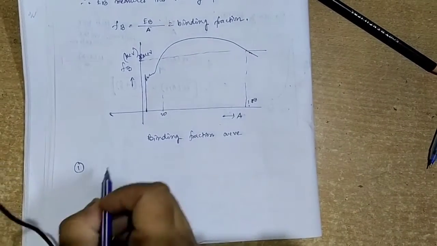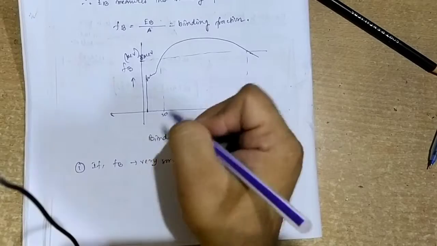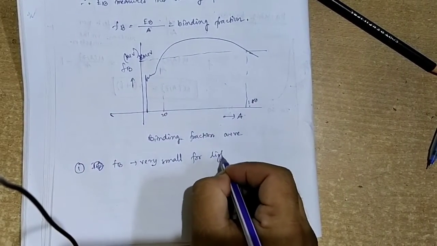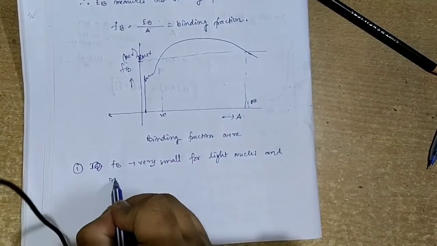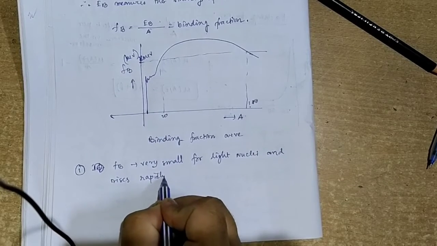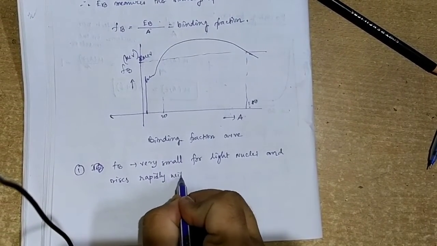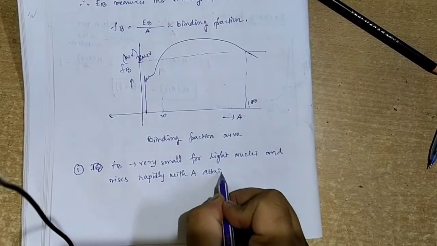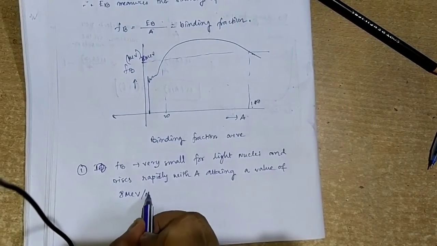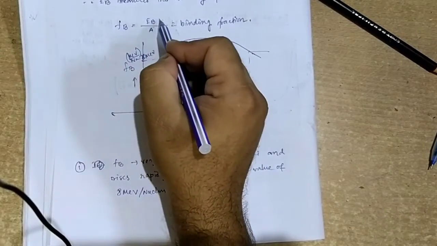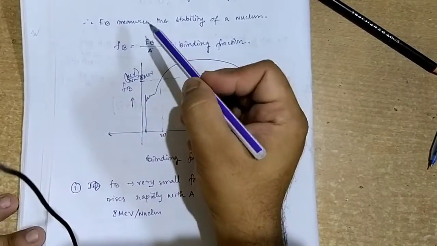So what are the conclusions? First, FB is very small for light nuclei and rises rapidly with A, attaining a value of 8 MeV per nucleon. Since EB is of the order of MeV and A is the number of nucleons, the unit is MeV per nucleon.